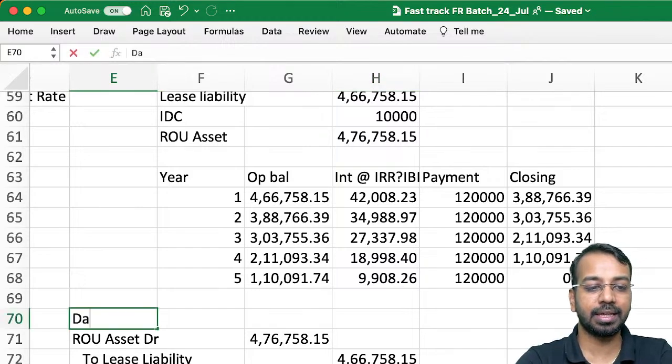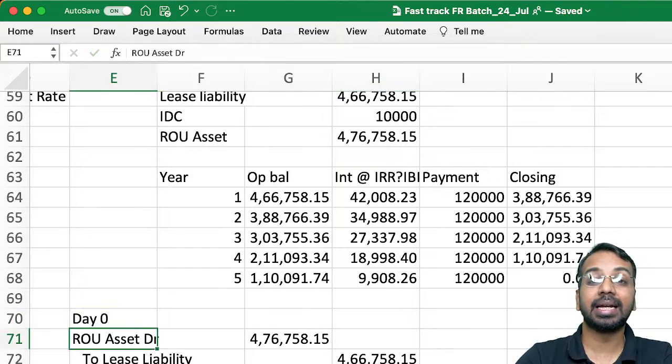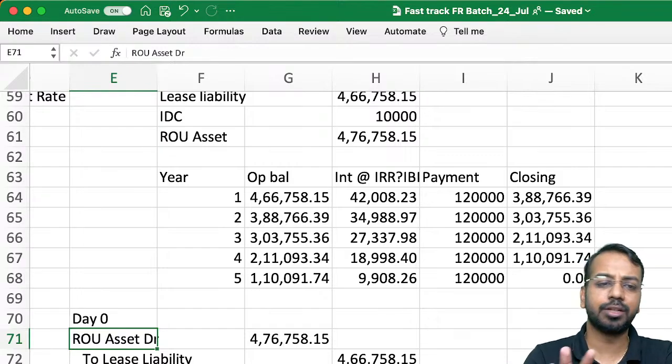So this is on day 0, the entry that you would pass, recognizing a right of use asset, lease liability, and crediting bank. If you have made some advance payments or some initial direct cost, this is what you will pass.